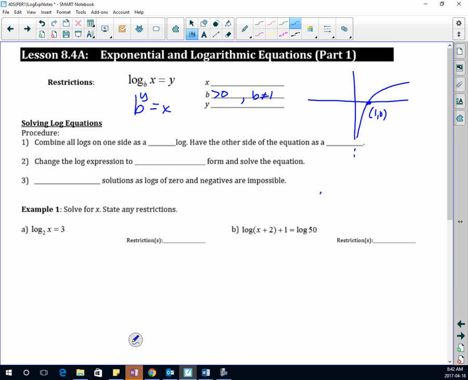Okay, what about x, the argument? Sometimes it's easier to see it there. It can't be negative, so it has to be greater than 0. Can it be 0? Can you have a 0 here? No. Okay, so what about y?